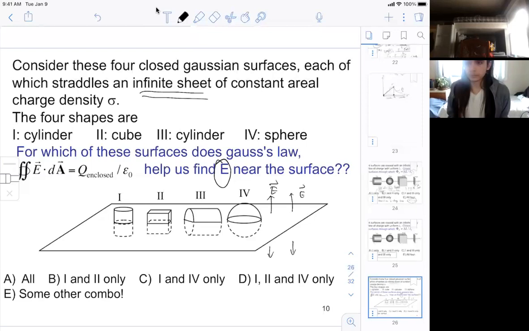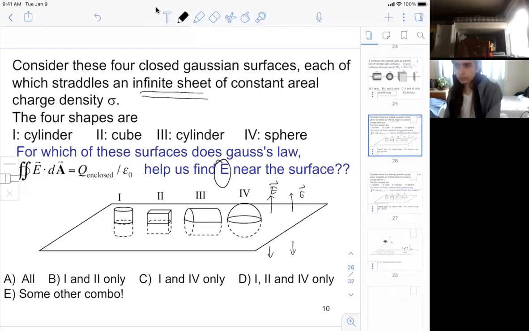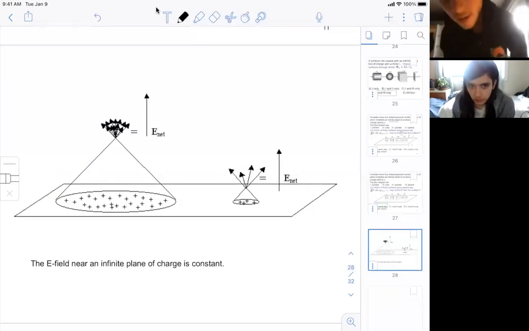So if you look at the infinite sheet, I have sort of a picture here. This is how you can use a symmetry argument to help you understand why it should be pointing up. You can see that wherever you are, the x and y components of the E will cancel out, leaving you only directly pointing perpendicularly away from the sheet.